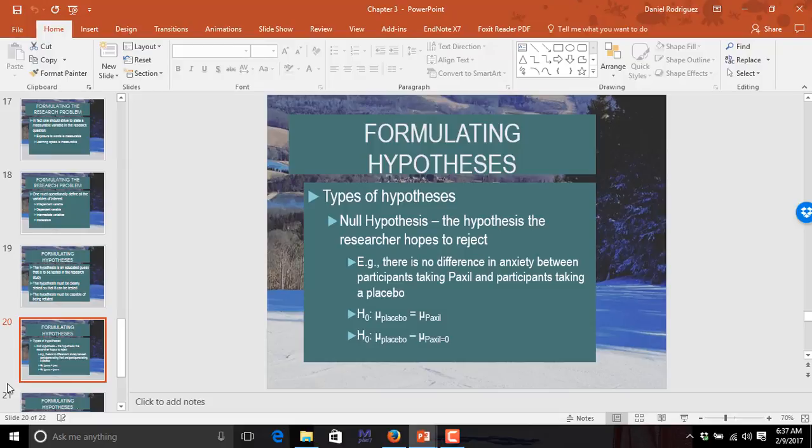So what I'm showing you here in this area is the placebo versus the Paxil. So we're doing a cross section. So we have the longitudinal part, which is the pre-test to the post-test, and then we have the cross-sectional part at each time point. At pre-test, we're looking at placebo versus Paxil. At post-test, we're looking at placebo versus Paxil. So that's the way we truly design a study. We'll talk about that kind of stuff later in the semester. But for right now, let's just focus on the cross-section here.